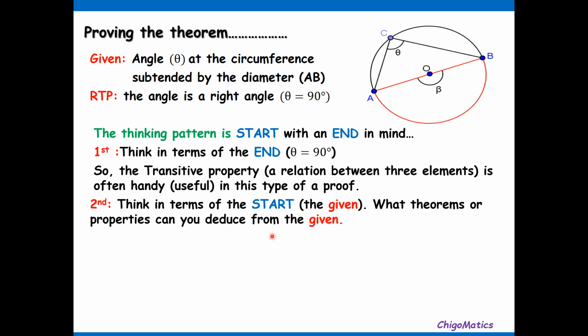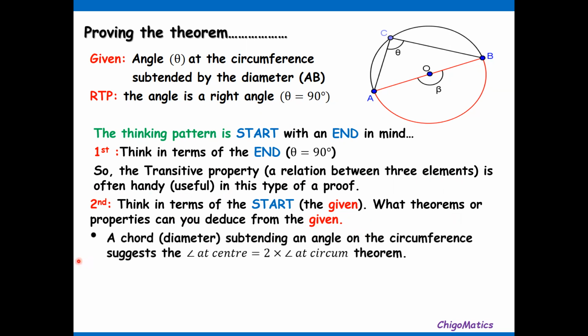What theorems or properties can you deduce from the given? A chord, and in this case, it is a diameter subtending an angle on the circumference, suggests the angle at center is equal to twice angle at circumference theorem.